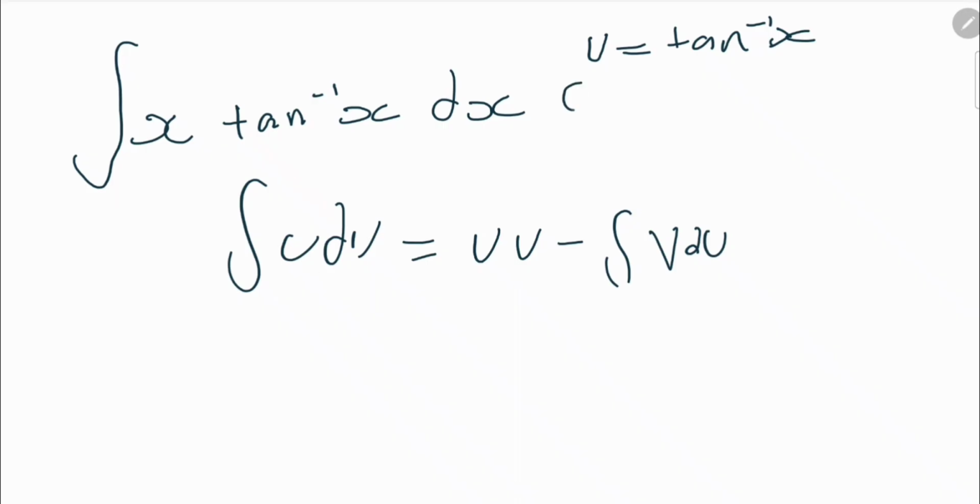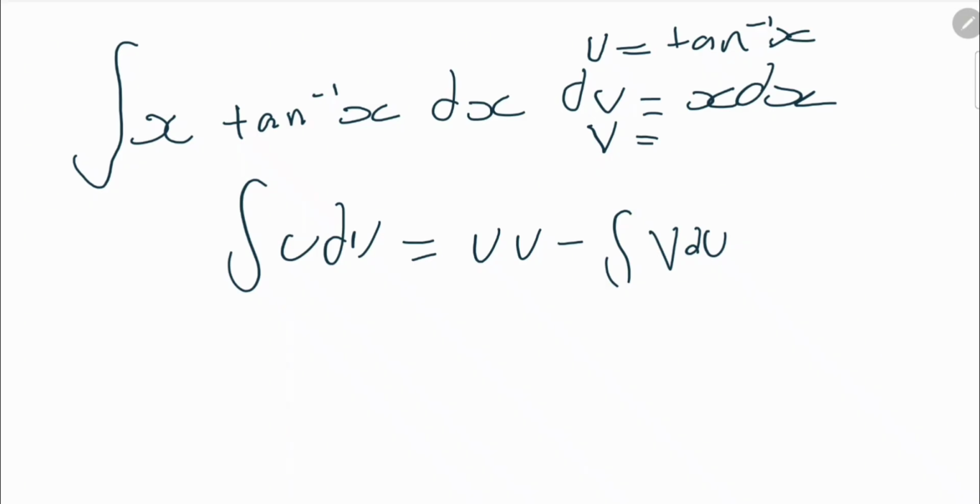Alright, and then dv equals x dx. So here we can easily see that v is going to be equal to the integral of x dx. So this is x squared.